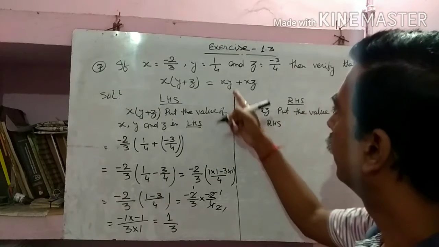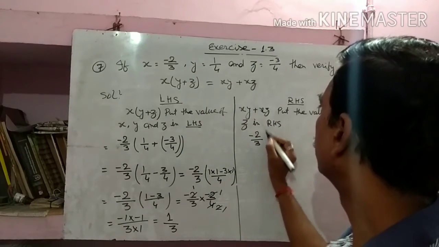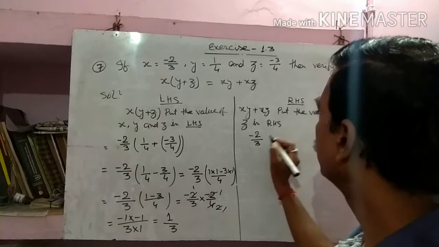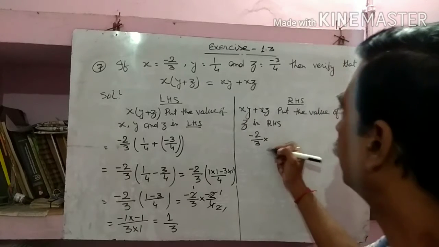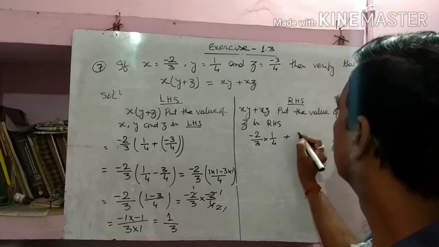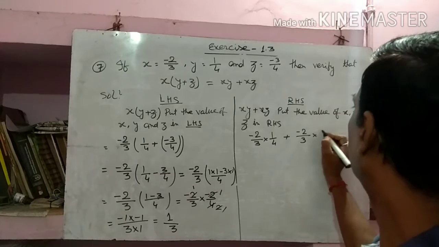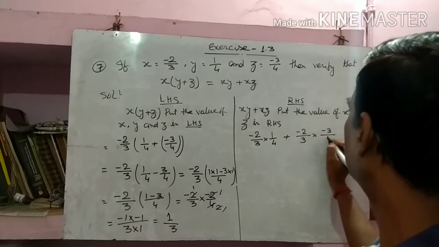Then what will we get? x is equal to minus 2 by 3. Nothing is given in between them, it means there is a sign of multiplication. So 1 by 4 plus minus 2 by 3 into minus 3 by 4.